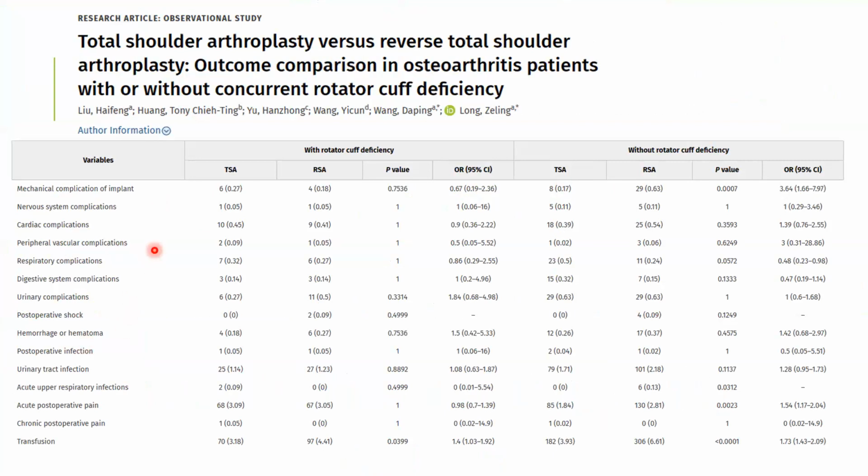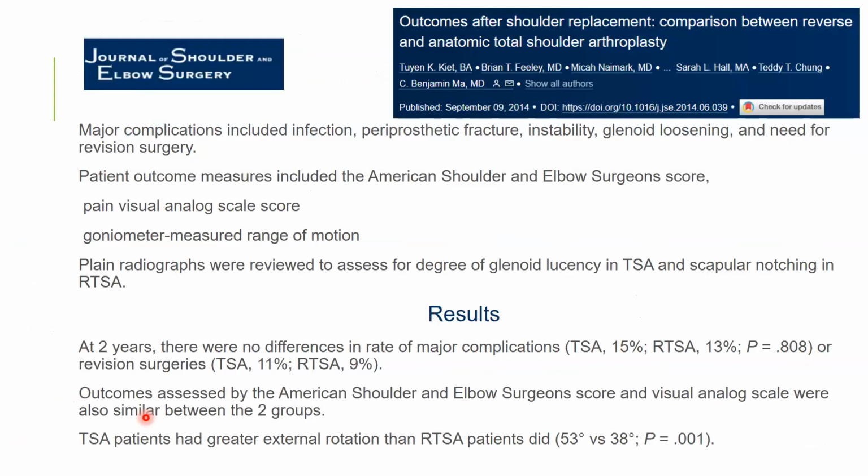The majority of the complications were related to acute postoperative pain, which was higher in both groups. The study said that the overall outcome at 2 years is good, comparing the reverse as well as the total shoulder arthroplasty.